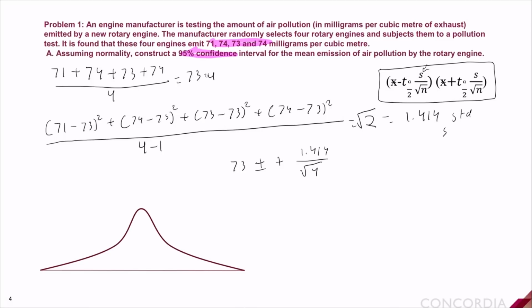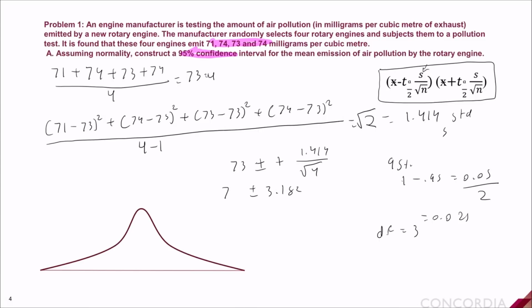Since we know the confidence level is 95%, we could do 1 minus 0.95, which gives us 0.05, and we need to divide it by 2, which gives us 0.025. We would go find that value, and with 3 degrees of freedom on our t-table, which would give us a value of 3.182.